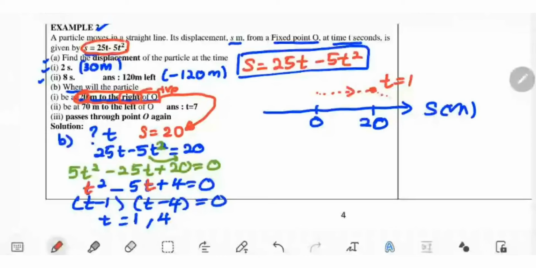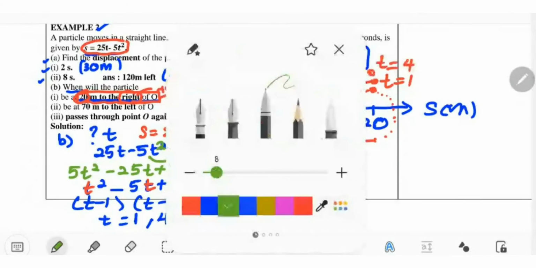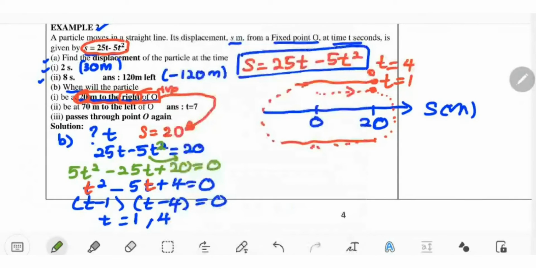Pada saat yang keempat, dia pergi balik kat tempat yang sama. Maknanya 2 kali dia singgah ke sini, at first second and at 4 second. Faham maksud dia?